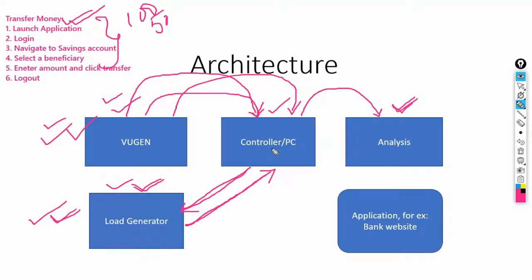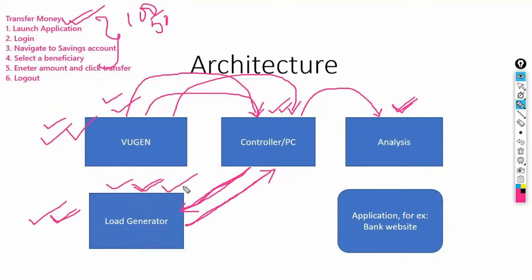When I say configure, I have to tell for how long I want to run the test, with how many users and all that stuff, which we will discuss in detail soon. And once the configuration is done, we can trigger the execution here. Once you trigger the execution, it will transfer all the scripts to this load generator component. And because the virtual users are already ready here, they will execute those scripts on this machine.